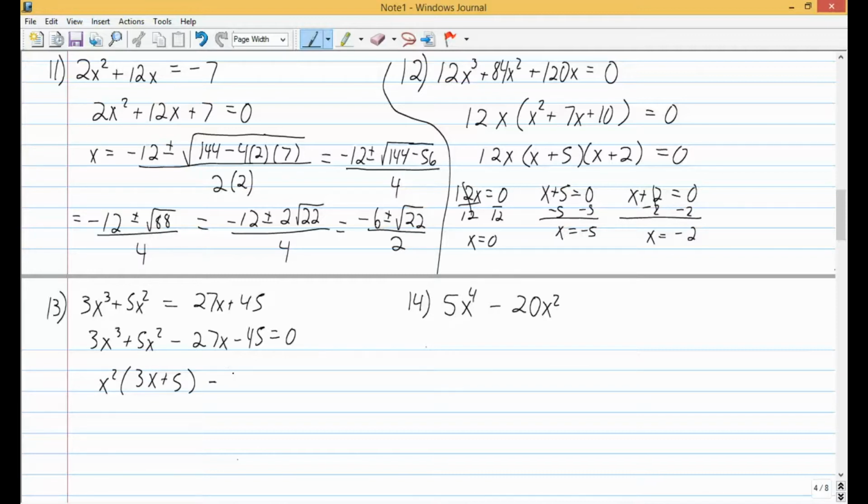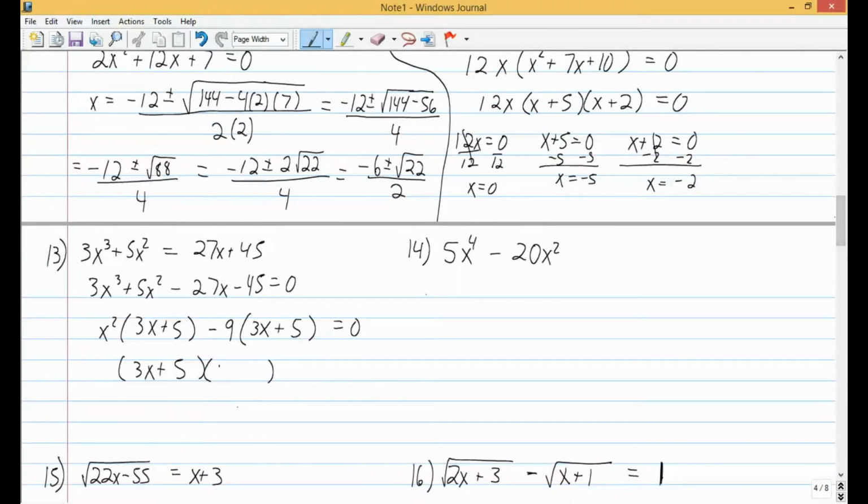If I factor a negative 9 out of the second 2 terms, that'll leave me with 3x plus 5. So this will factor by grouping. So in one set of parentheses, I put what's in both sets of parentheses. In the other set of parentheses, I put x squared minus 9. Now set each factor equal to 0 and solve.